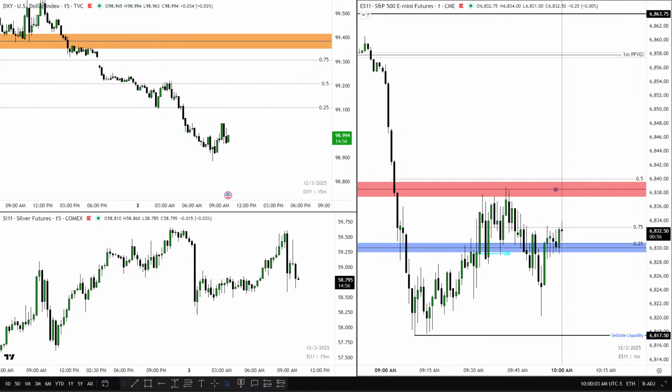Yep, look at that volatility at 10 a.m. Pretty sure we have news. Actually, I should check that. Well, yeah, we do have news. Look at that.